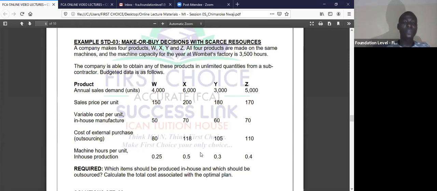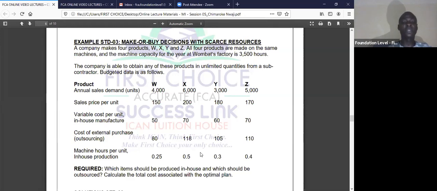But now you are justified in making it in-house because your variable cost, which is the relevant cost, is lower than the purchase cost. So as much as possible, you want to do it in-house to the extent that you can carry. Now look at the machine hours per unit, which is the limiting factor, which is always going to be given to you.